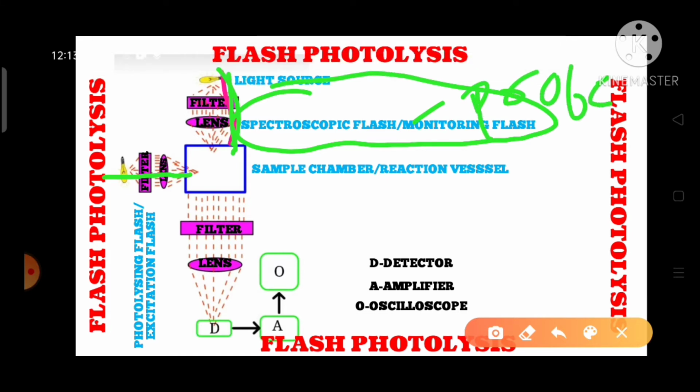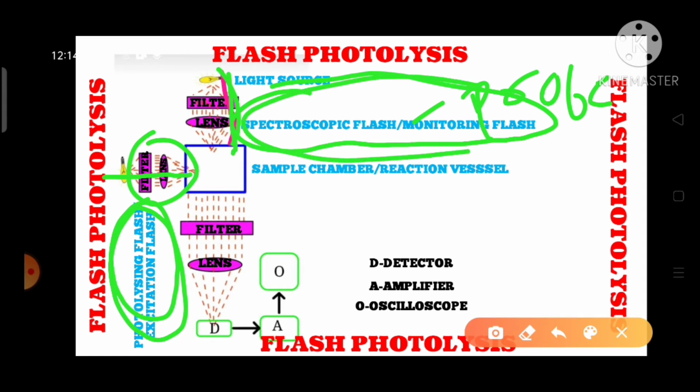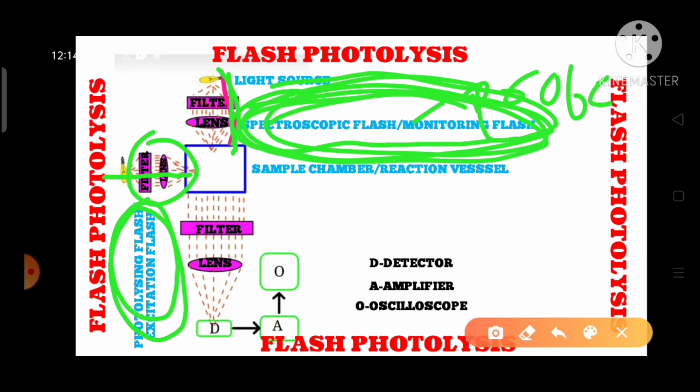The other light emitted here is known as the photolysing flash or excitation flash. This flash is used to conduct the excitation or photochemical reaction, and the other is used to estimate the absorbance, so it is known as the monitoring flash.